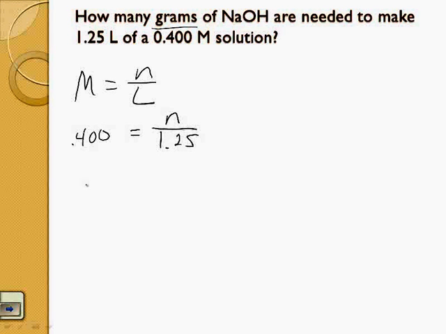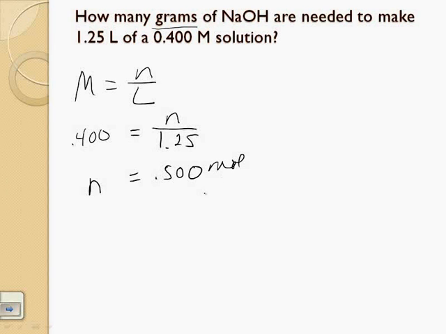Okay, so we can get moles by cross multiplying 0.4 times 1.25, and that's going to give us 0.500 moles.